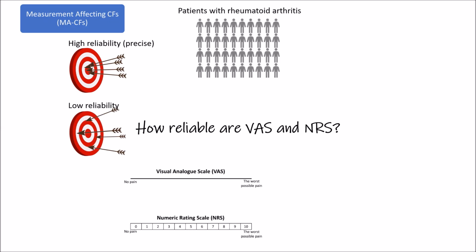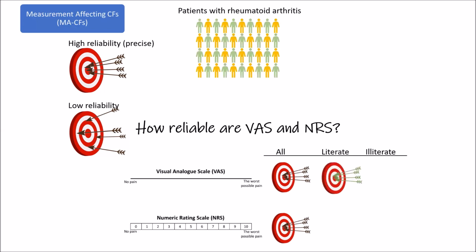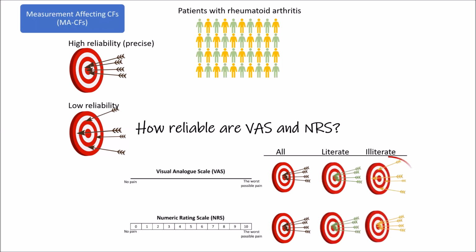The researchers asked patients with rheumatoid arthritis to rate their pain with each instrument 2 times. They found high reliability of both instruments. However, when they divided the patients according to literacy, they found that the VAS instrument is less reliable in illiterate patients. In this example, literacy affects the reliability of the VAS instrument but not of the NRS instrument.